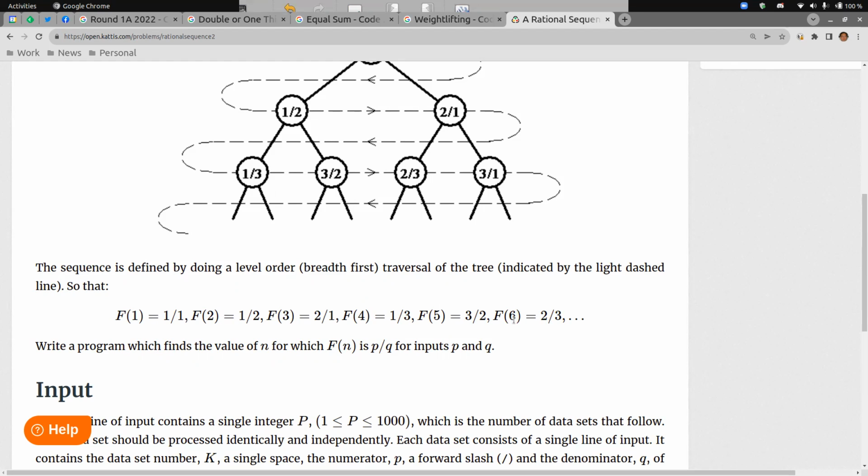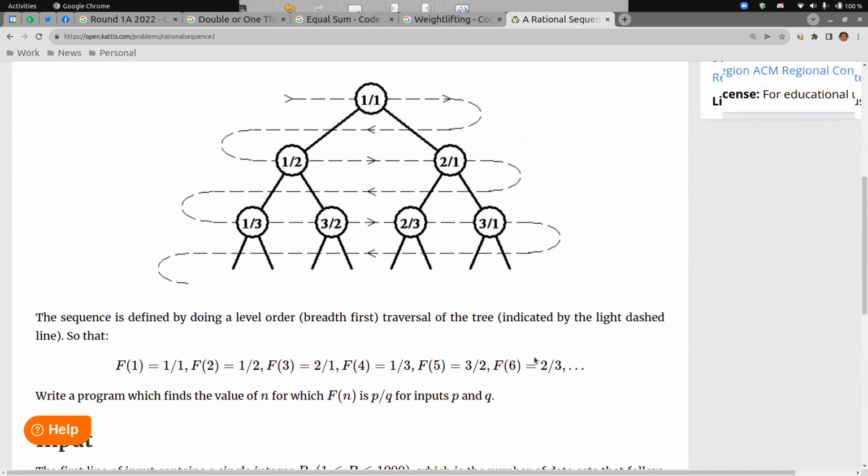That's basically a bijection from the natural numbers 1, 2, 3 up to infinity to a unique rational number. But anyway, there's no proof here that every rational number will appear somewhere in this list, and no proof that you cannot have the same number popping up twice, at least in this problem. Of course, it turns out that this is all true, but that's beyond the scope of this problem.